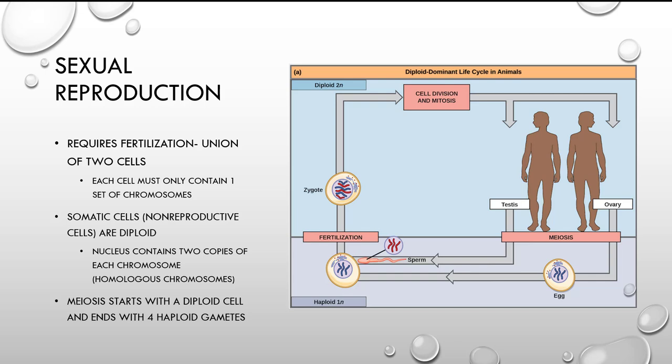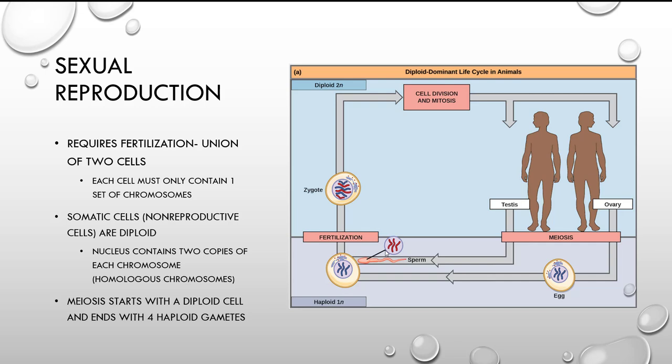We have the genetic information from a sperm cell and the genetic information from the egg cell uniting to form a zygote. Okay, so we have our diploid zygote. And so each one of these gametes, these sex cells, must contain 1 set of chromosomes.